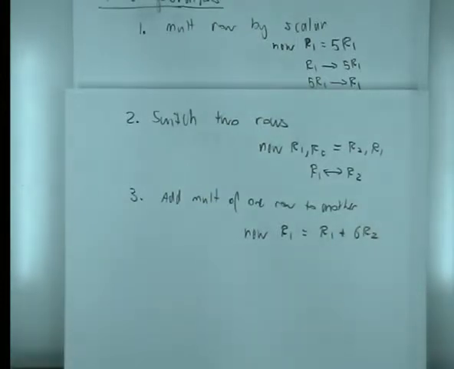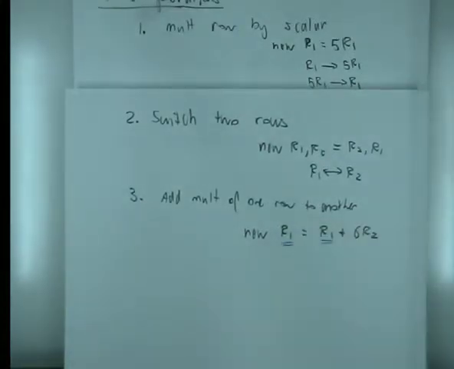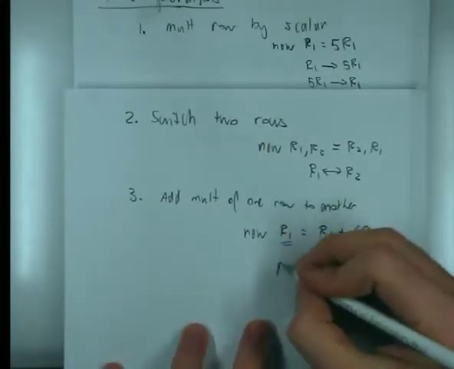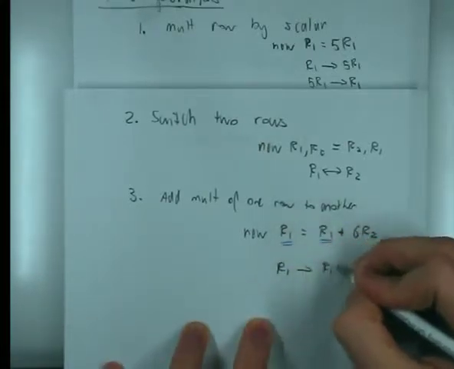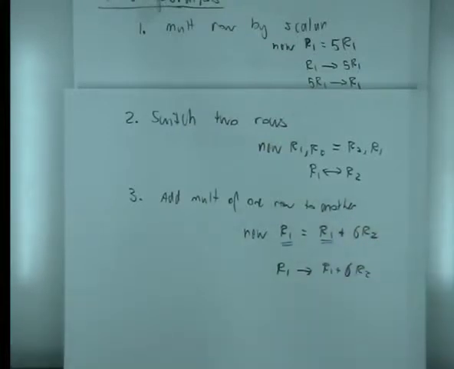Okay, the key with this one is to notice that the position you're in, if I'm in position row 1, I bring another row in, okay? So you can do this one with the arrows as well. Or the arrow going the other way. You're bringing a multiple of another row into this row, so the row you're in has to stay the same as it is, except for the other row coming on top of it.